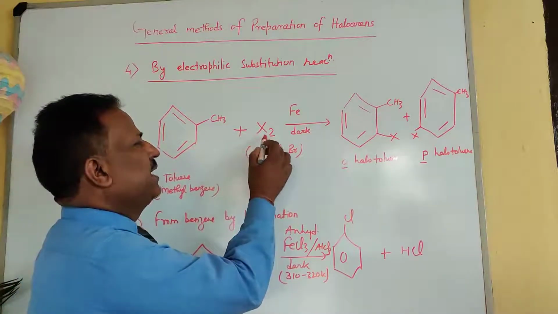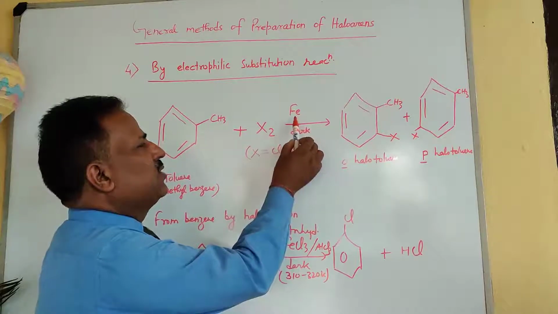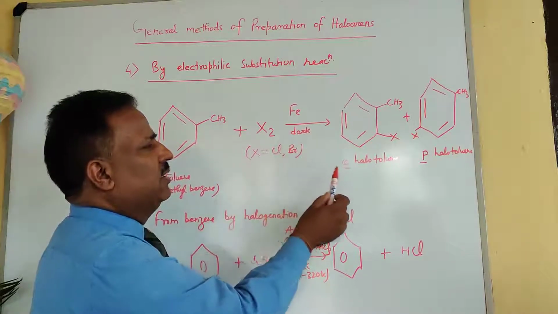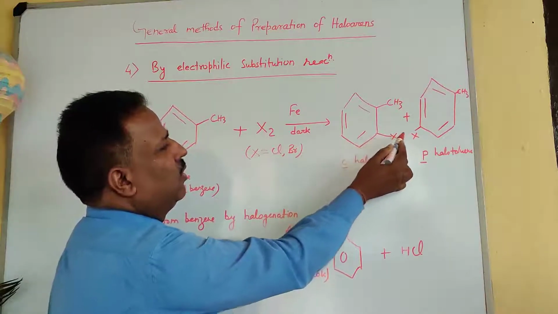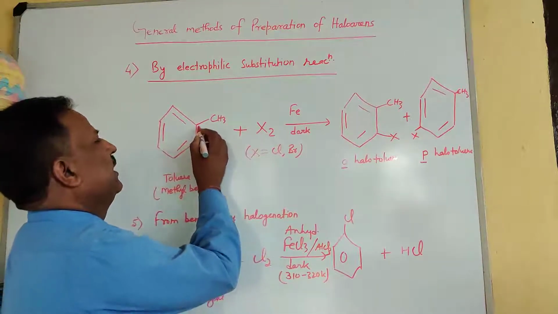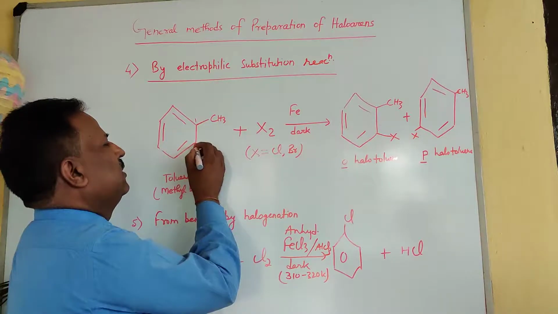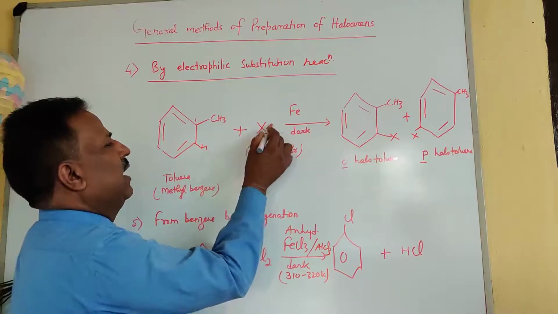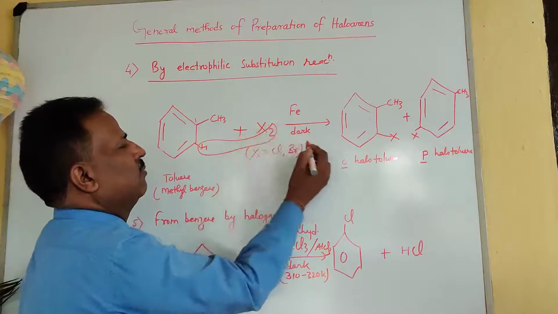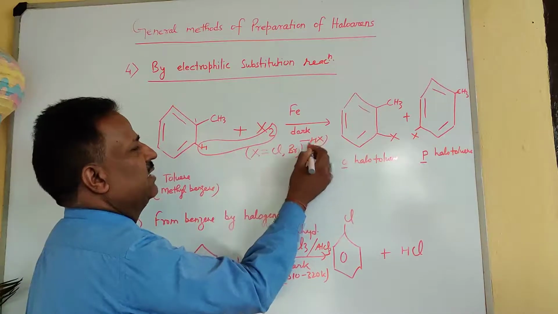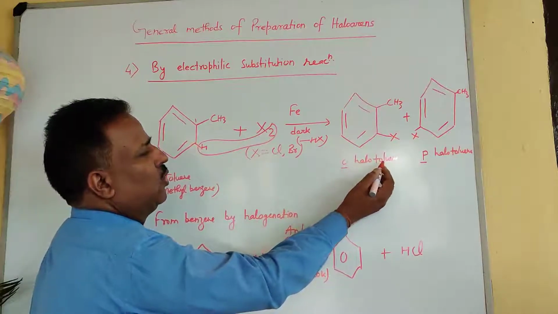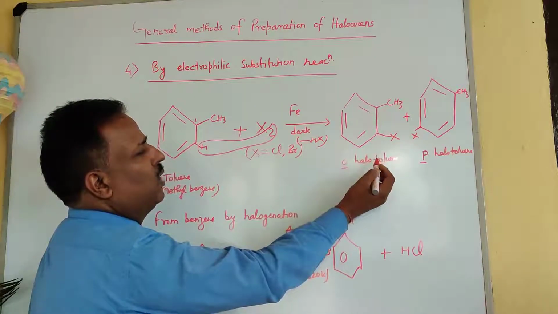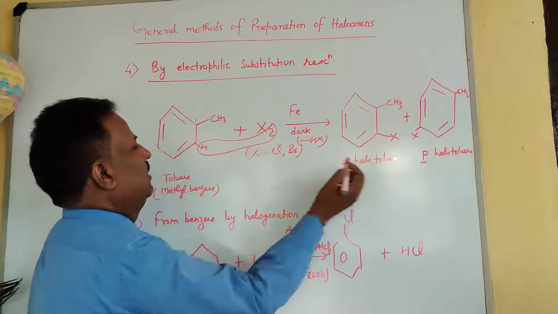Toluene, when it reacts with X2 in the presence of iron in dark, then substitution takes place at the ortho position or para position. Here it is carbon 1, so this hydrogen and one halogen becomes minus HX, and halogen comes to this place, then it is ortho-halotoluene or 2-halo-methylbenzene.